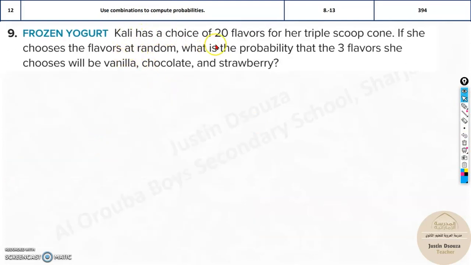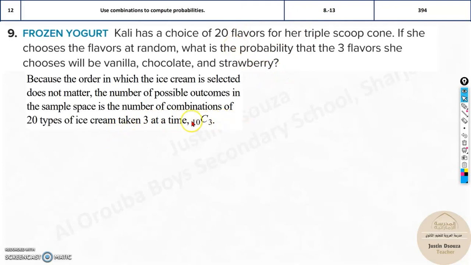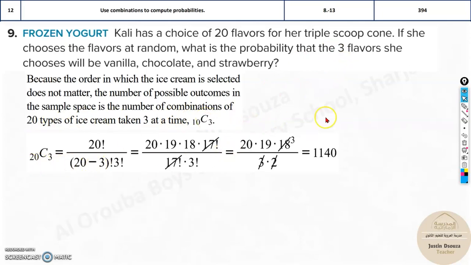Let's look over here. Kali has a choice of 20 flavors for a triple scoop cone. If she chooses the flavors at random, what is the probability that the three flavors she chooses will be vanilla, chocolate, and strawberry? So over here there are 20 flavors. Let me just read it properly. Yes, it's 20C3, I'm sorry, the earlier one was wrong.